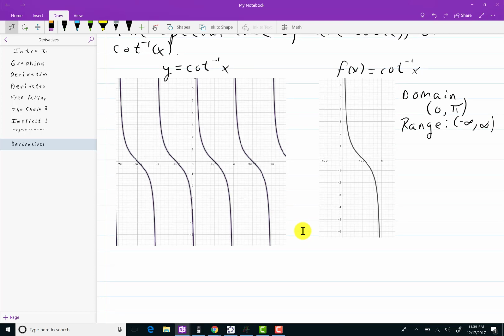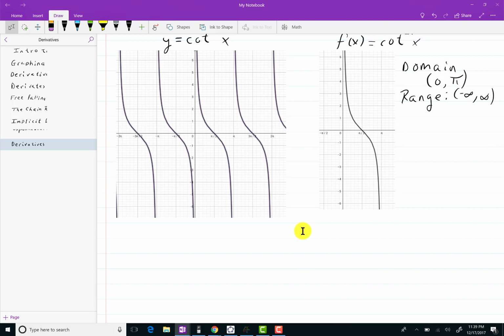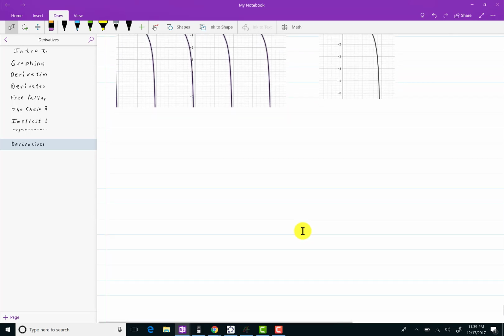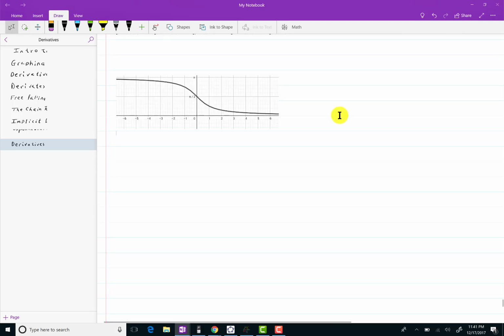Then when you flip it about the line y equals x, you get something. So the normal inverse for us is f inverse of x equals cot inverse of x, and the range is from 0 to pi, matching the domain of the original one.